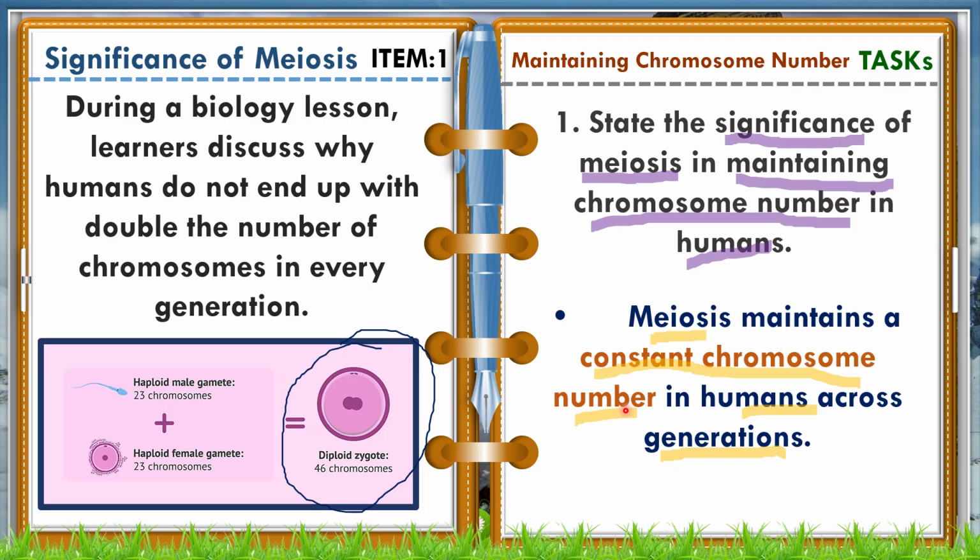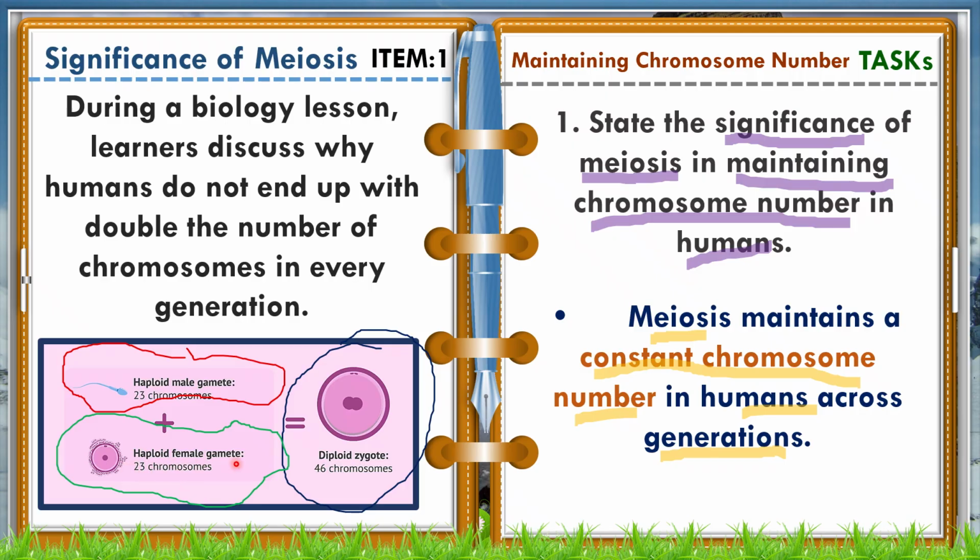How? For example, here we have a haploid male gamete, the sperm, and it has 23 chromosomes. And here we have a haploid female gamete with 23 chromosomes.